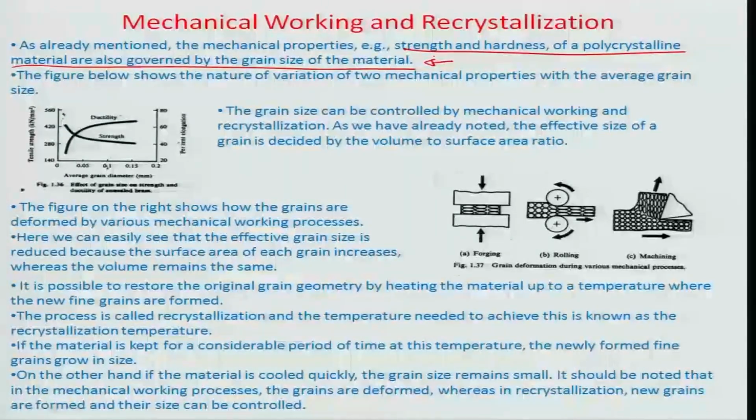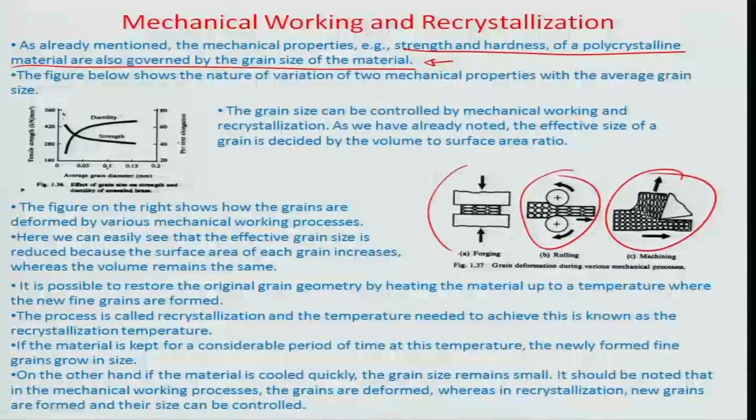I mean, the strain hardening processes would try to take place, and overall hardness would increase because of that. So, here the strength and hardness of a polycrystalline material are really a function of the grain size.